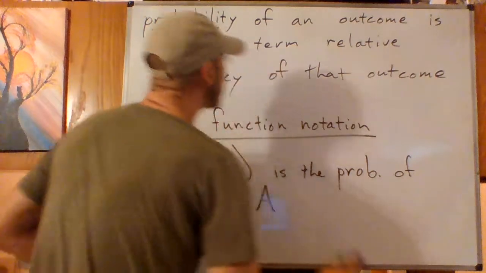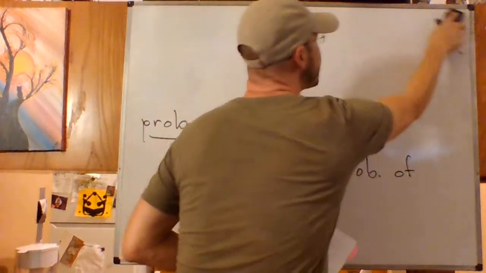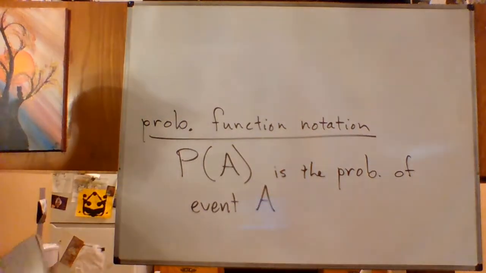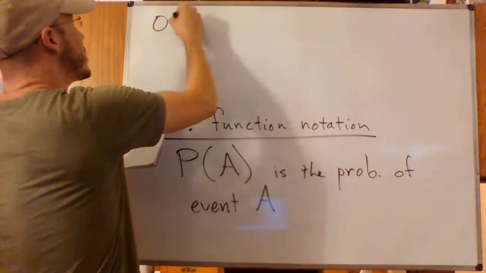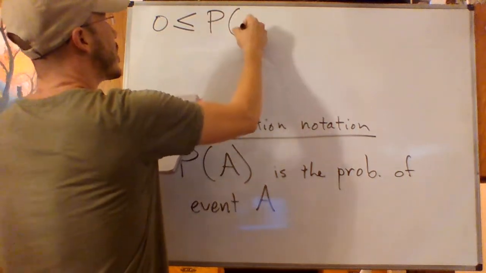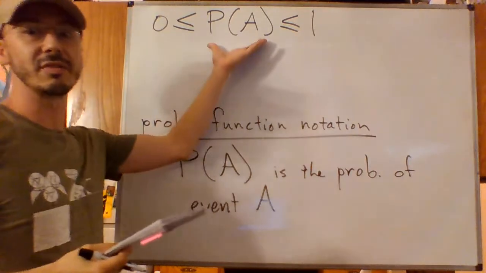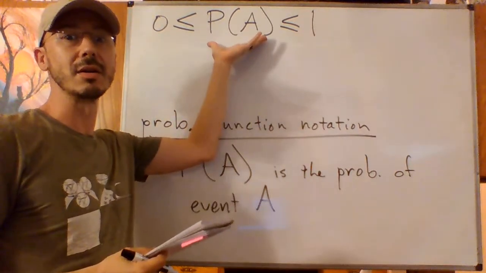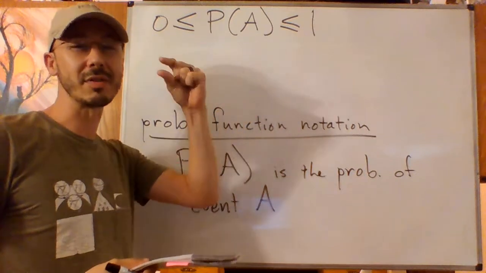Let me give you some more detail on the properties of that function, and I think it'll start to look a little more familiar. The probability of an event A is between 0 and 1. It's what you'd probably think of as a small number.